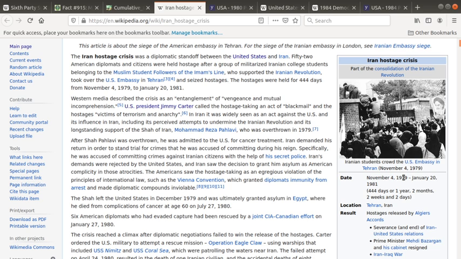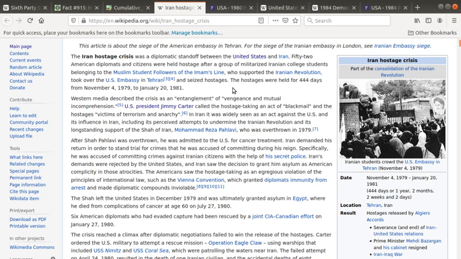It lasted from about a year before election day in 1980 and ended on the day that Reagan was inaugurated. Make of that what you will, but it was a terrible look for Jimmy Carter. I do not think it was necessarily his fault, but it was a bad place at a bad time.